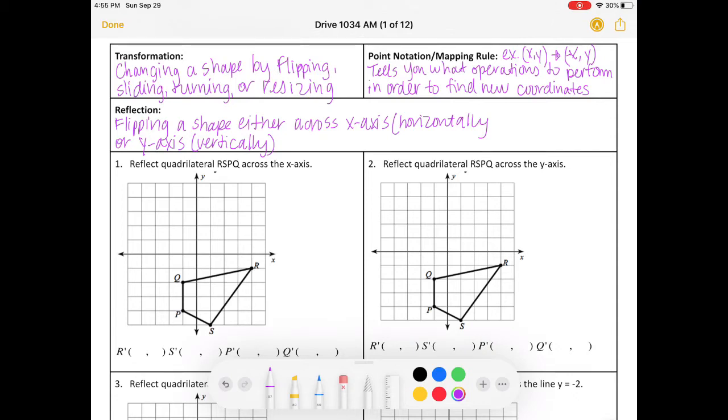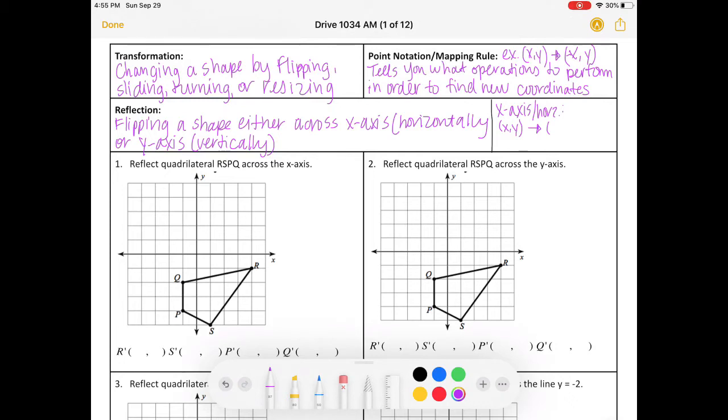Right. And the important thing you need to know here for looking at your point notation and your mapping rule. So if it is a reflection, okay, I'm just going to draw a line here. If it reflects over x-axis slash horizontally, then your point notation or your mapping rule is going to be x comma y to start, and then whatever one you're flipping over is the coordinate that's going to stay the same.